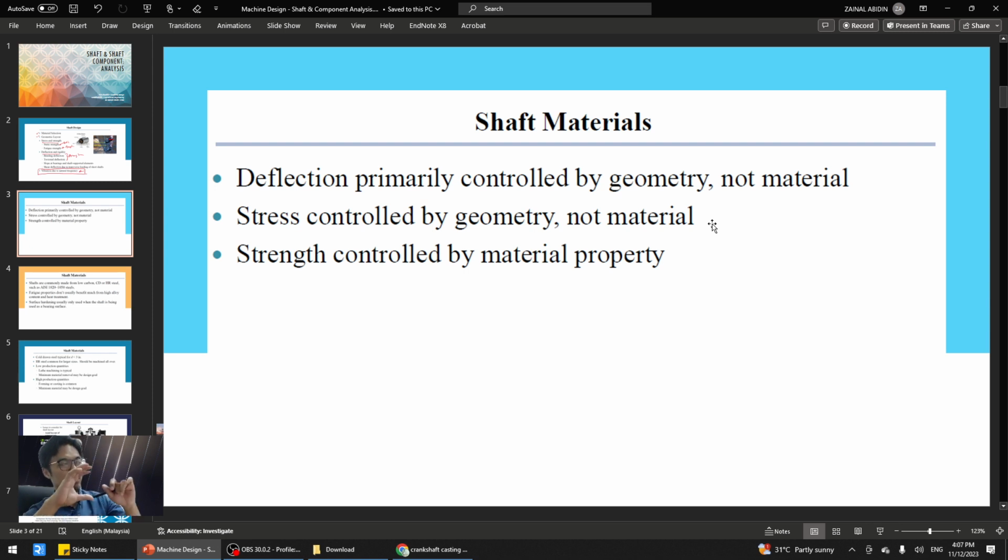So if you design a shaft, you must consider the deflection of that shaft. If you read carefully here, your shaft can deflect not because you selected an unsuitable material, but most probably because of the geometry you designed for that shaft.